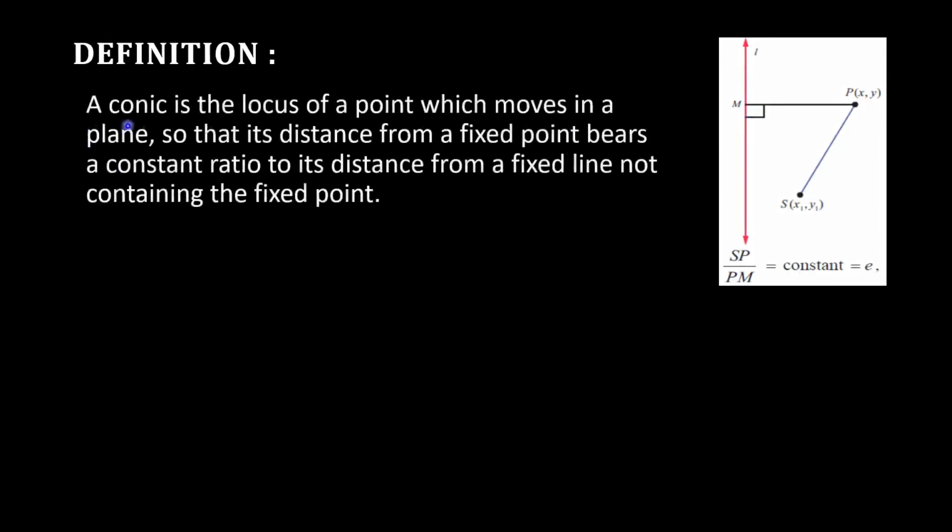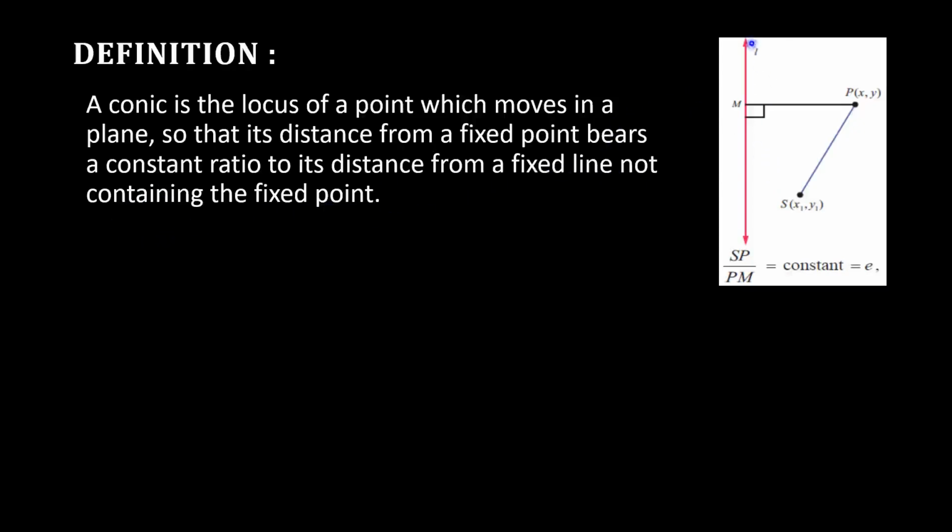See this definition. A conic is the locus of a point which moves in a plane. Locus means the path traced by a moving point. The moving point moves so that its distance from a fixed point, that is the distance from S to P, bears a constant ratio to its distance from a fixed line not containing the fixed point.